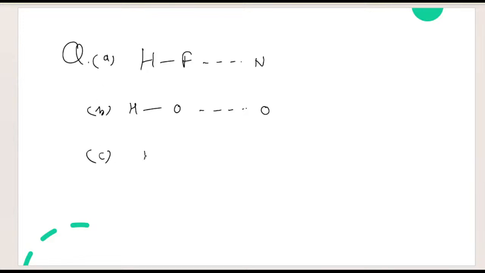Okay, for example, let's see a question for you. You have to just let me know in which case we are having maximum hydrogen bonding. So point number one, this is HF. So it's a B. I have to change the positions.